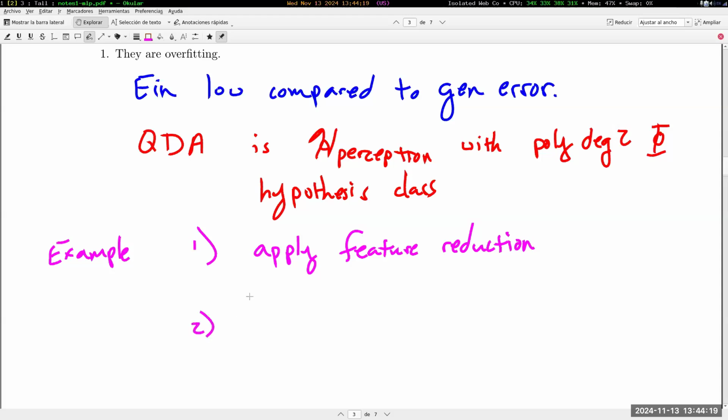Or the second is change our polynomial degree to a smaller number. Change the Q from the polynomial degree to 1 instead of 2. And that's equivalent to just removing our polynomial feature map.